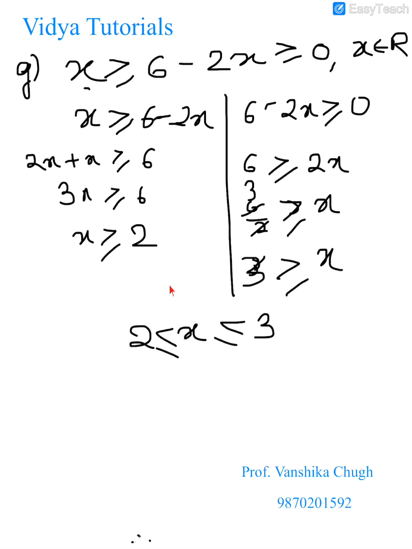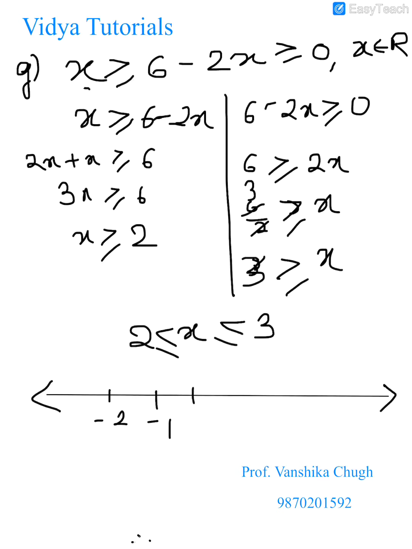First write the x in the center, and then see if the mouth is open, that means x is greater, so 2 will be over here, and the mouth is shut towards x, so x is less than or equal to 3. Now plotting it on the number line. So both are equal, both the values are included.